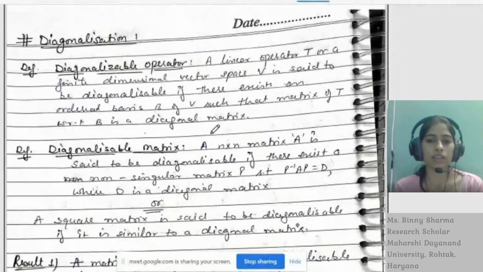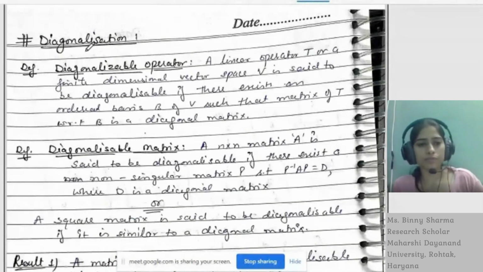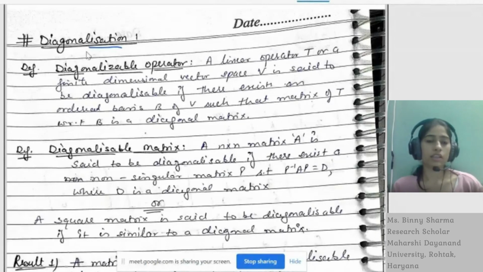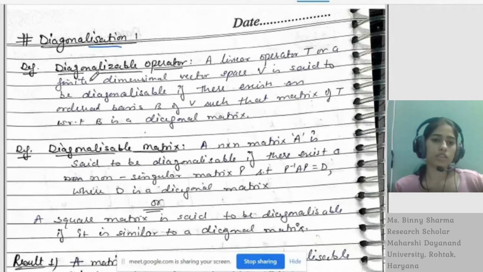Okay. Now the third part is diagonalization. It is very important, and in CSIR there must be at least 2 or more questions. So diagonalization, the first definition is diagonalizable operator.